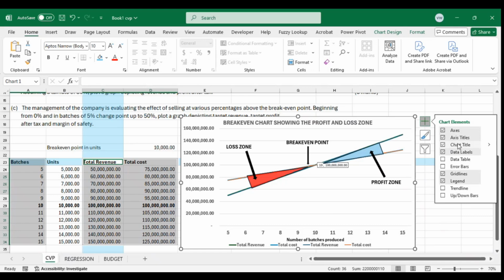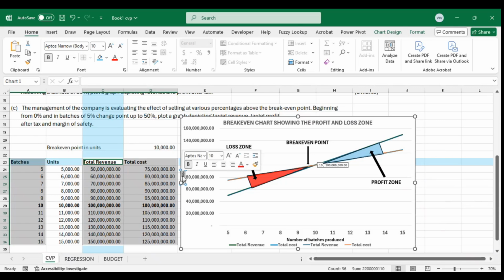So I can just go and add the axis titles, and this time around it is the vertical. We can have the total revenue slash the total cost.